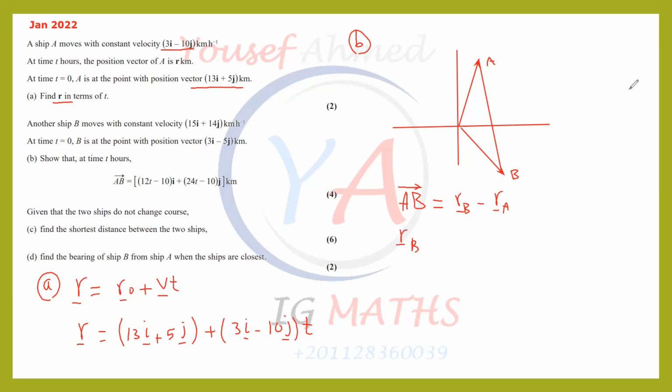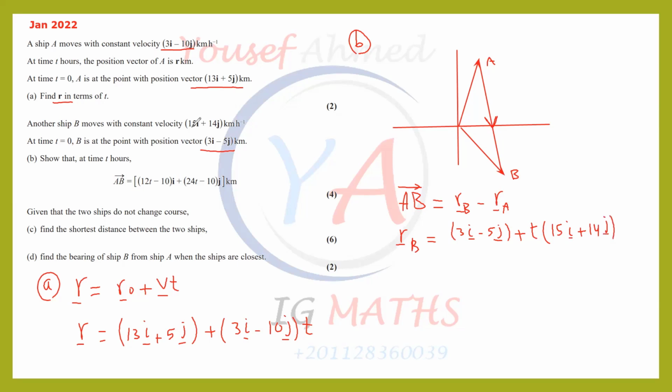So the position vector for ship B is equal to, we have the initial position vector 3i minus 5j, and here's the velocity, so it will be 3i minus 5j added to time multiplied by 15i plus 14j.